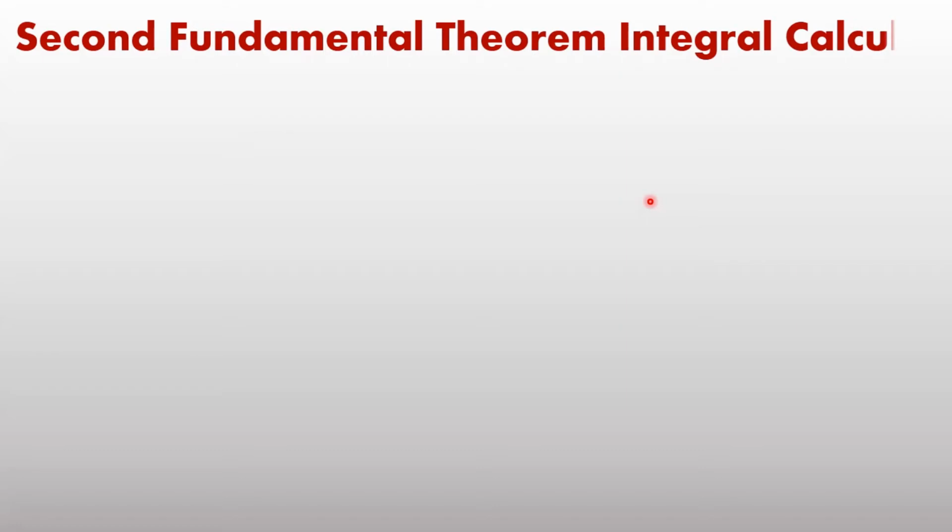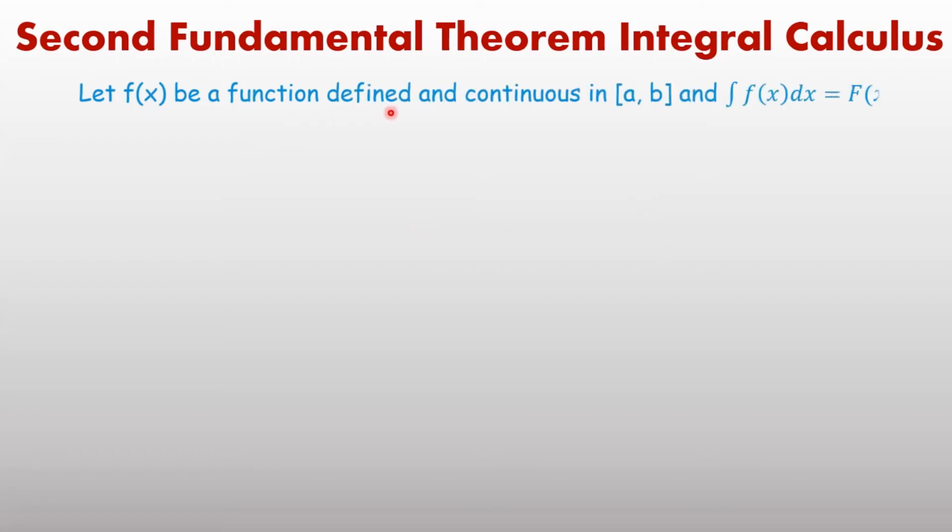And the second fundamental theorem of integral calculus is given by: let f(x) be a function defined and continuous in the closed interval [a, b]. Integration of f(x) dx is capital F(x).